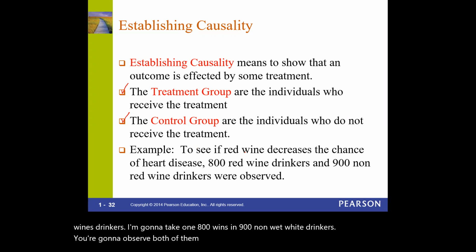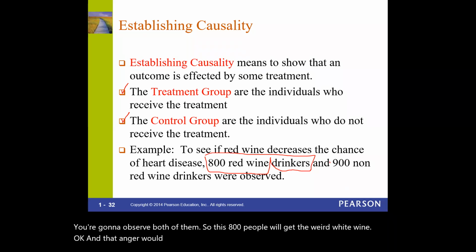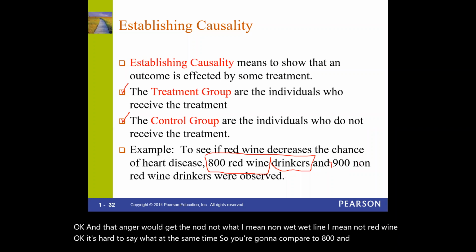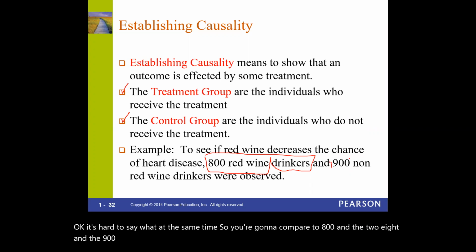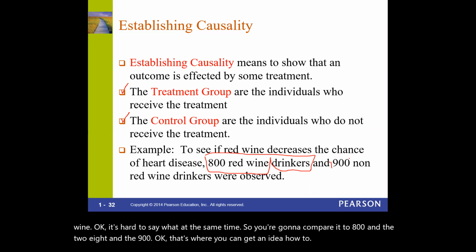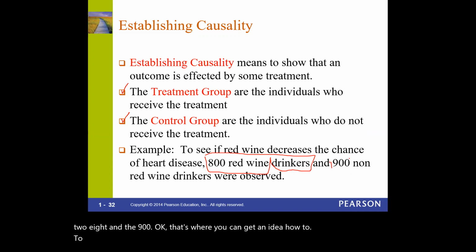So these 800 people will get the real red wine, and 900 will get the non-red wine. It's hard to say at the same time. So you're going to compare the 800 and the 900. That's where you can get an idea to understand the causality about the heart disease.